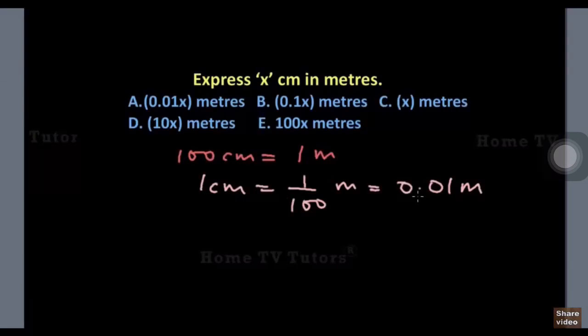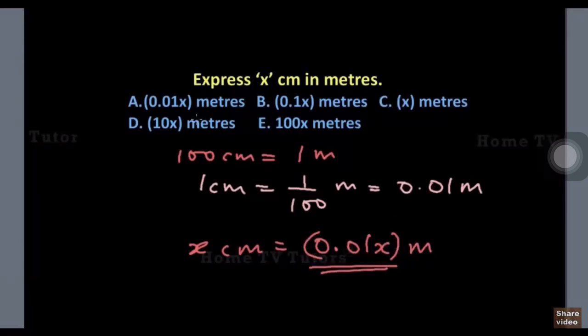That's 1 divided by 100 gives us 0.01 meters. So x centimeters will be equal to 0.01x. So that's option A.